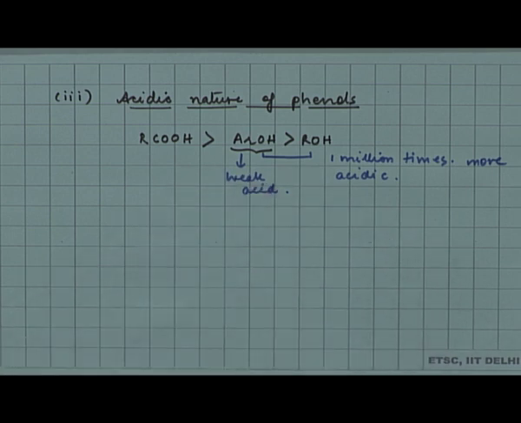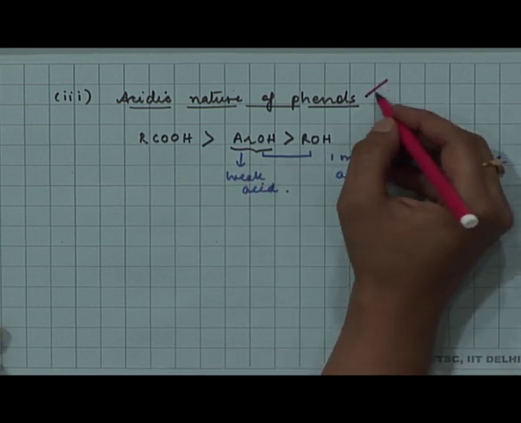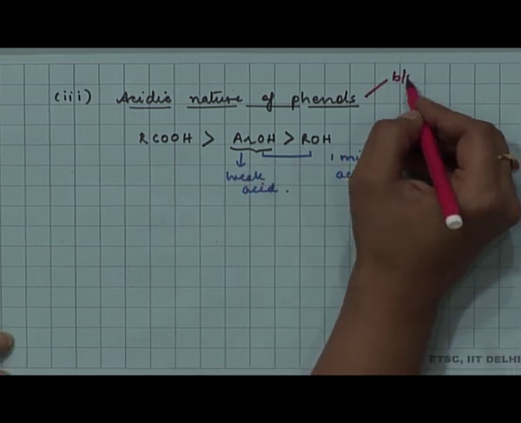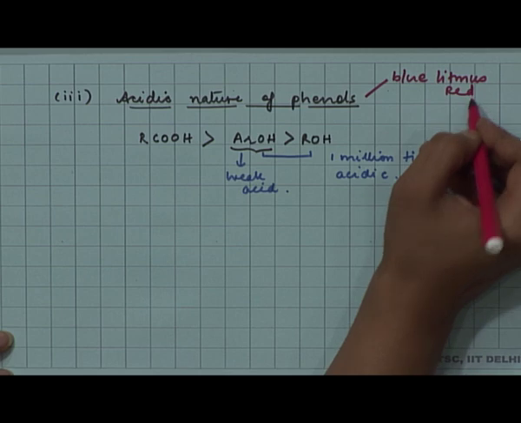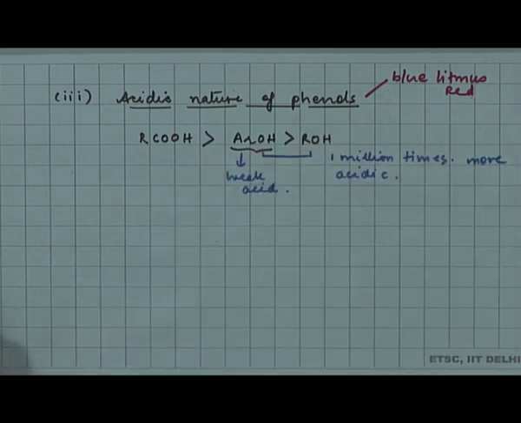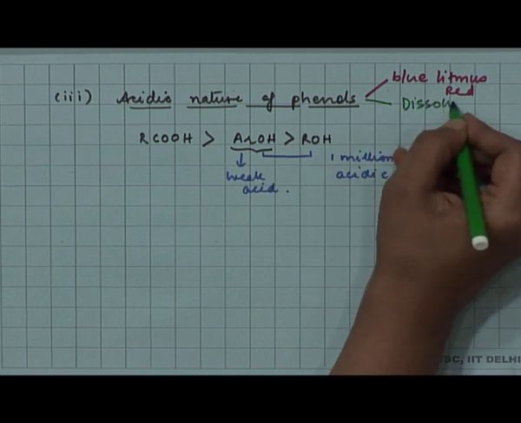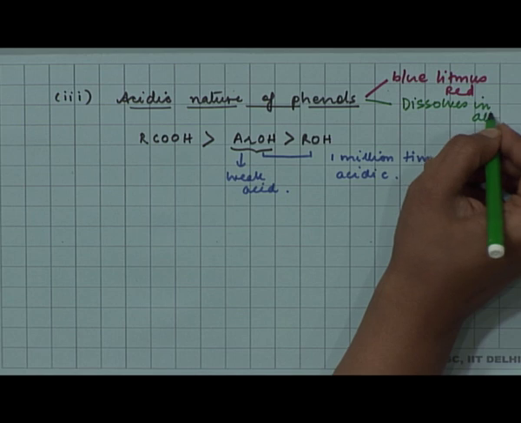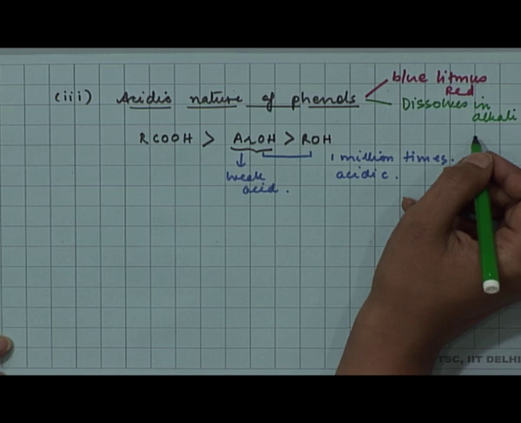Because of the acidic nature of phenols, there are different things it does which are not given by an alcohol. One, it turns blue litmus red. Second, it dissolves in alkali completely because you get the corresponding sodium phenoxide.